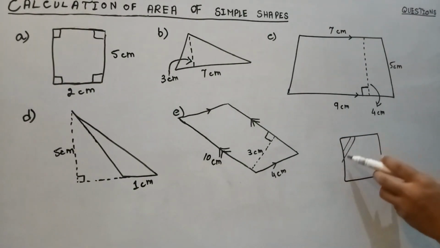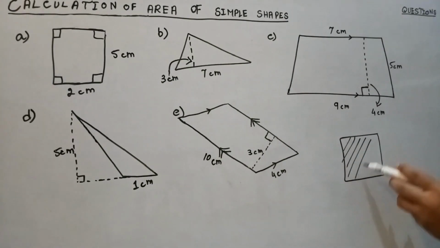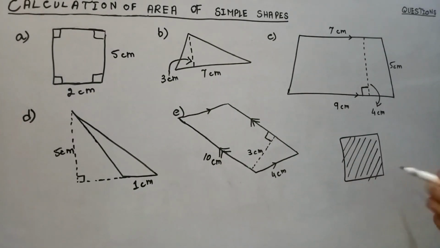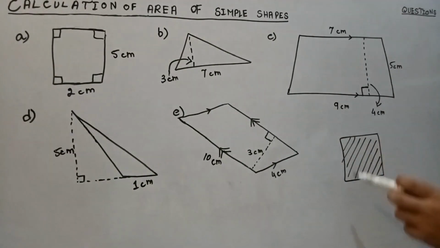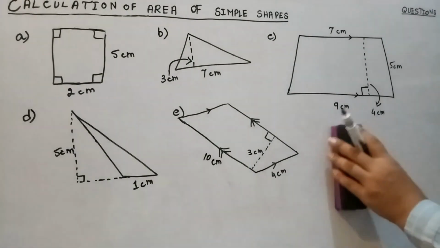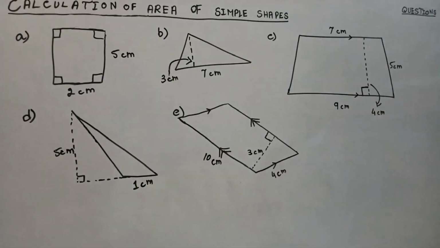Area means all the space inside the boundary. All the space inside this boundary is called the area of this figure. So we have to calculate the area of this rectangle.